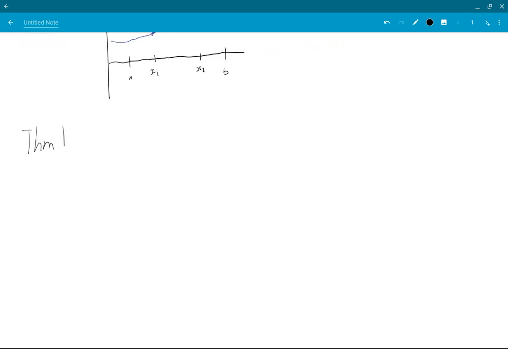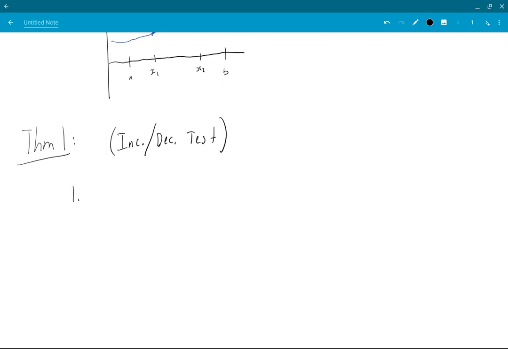We're going to use the derivative to help us find when a function is increasing or decreasing. So this theorem is called the increase-decrease test.